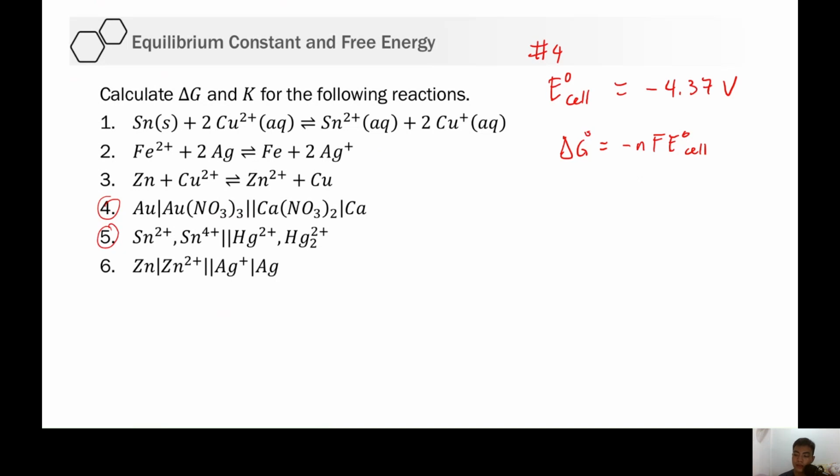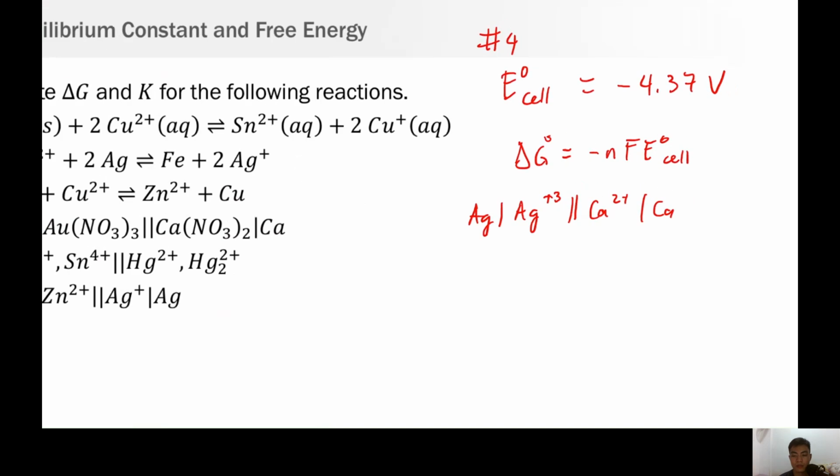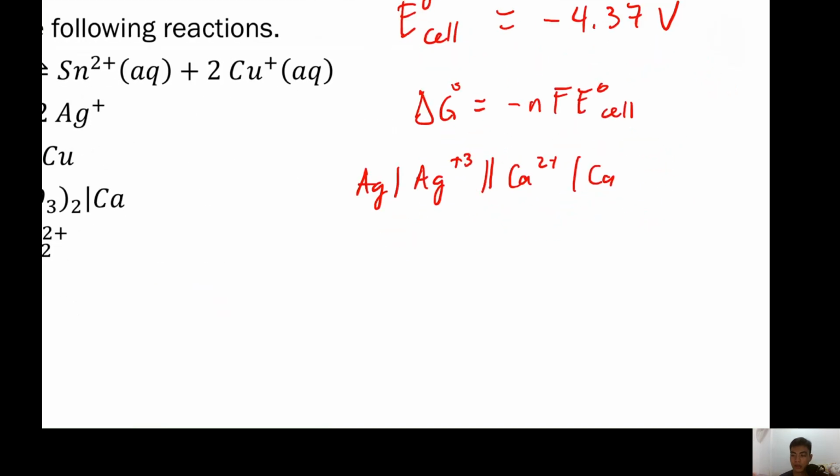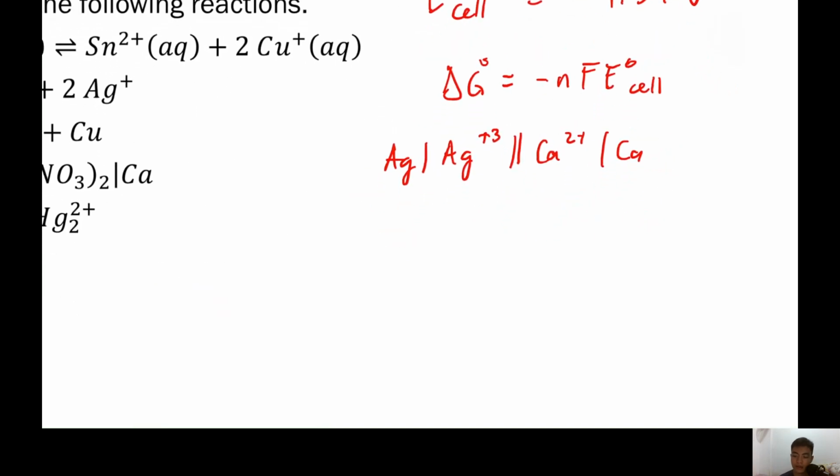Let's go back to our equation here, the cell notation. In order for us to get the moles of electrons, the n, we have to write this cell notation into equation form. So I'm going to balance this. Remember our technique?